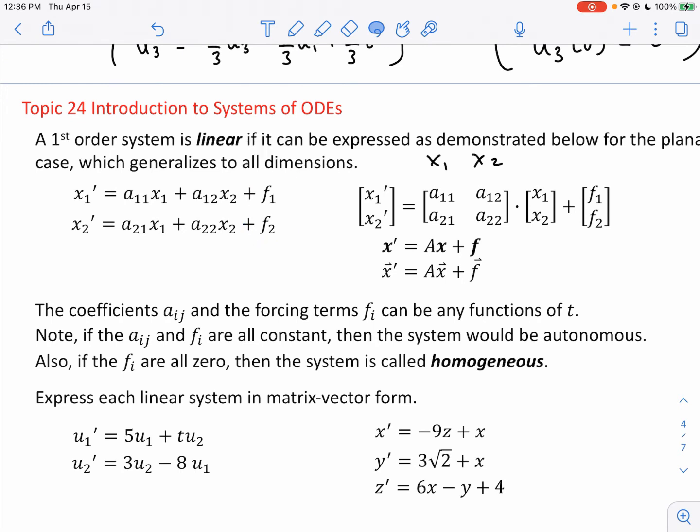And so these linear systems of equations can be expressed in matrix form as a product of a coefficient matrix times the column vector of dependent variables, and then add the forcing terms to it at the end.